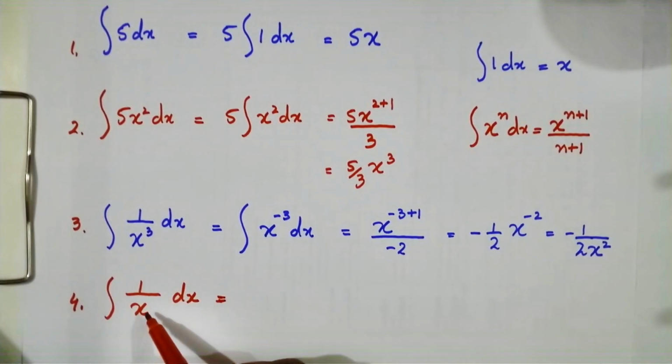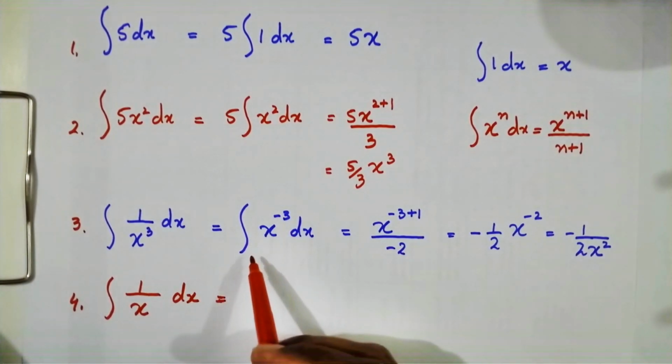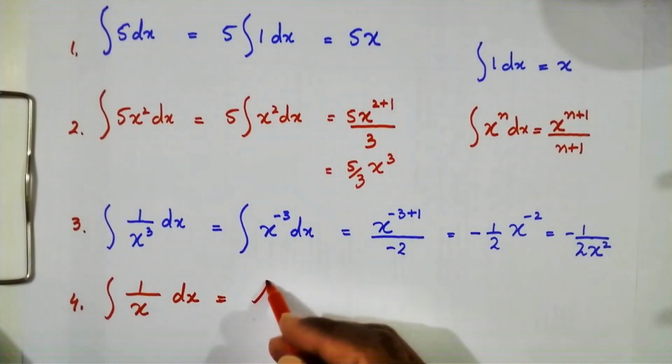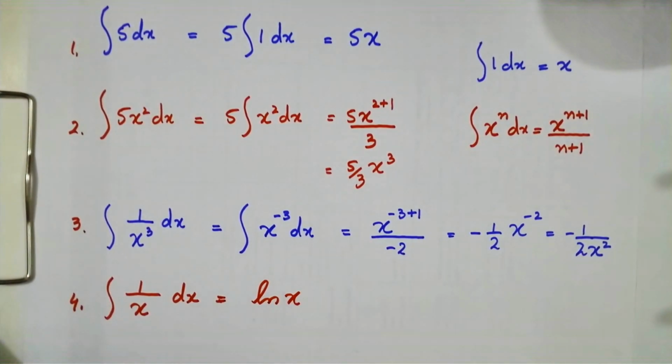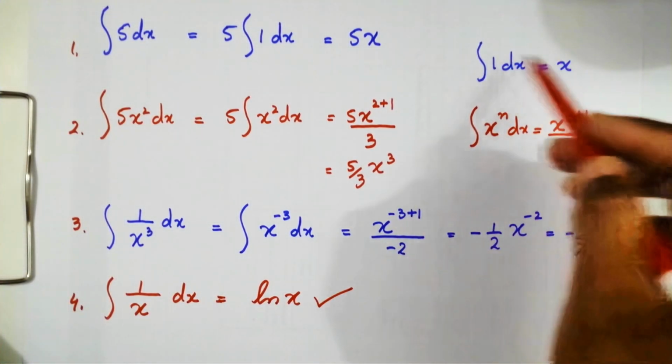If there is a power other than 1, then you will move this variable towards the numerator, as in this example. So this type of function has integration natural log of the denominator. So that's another rule. So you have seen these three rules.